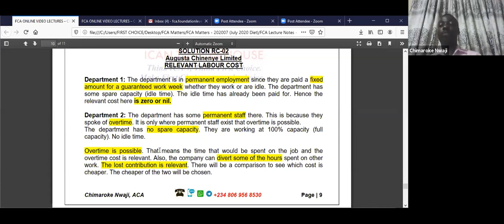Overtime is possible. Now, because they said overtime is possible, this means that the time that will be spent on the job and the overtime cost is relevant. So that is one thing here.